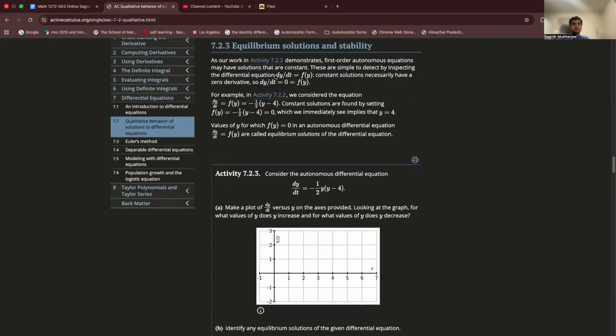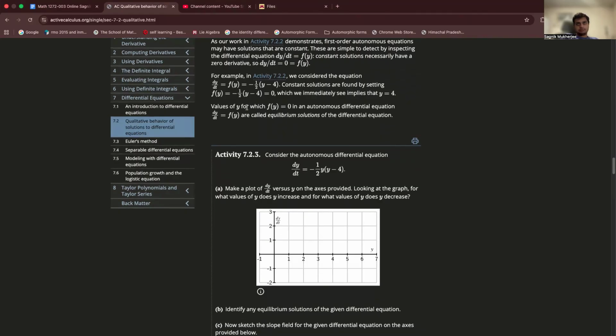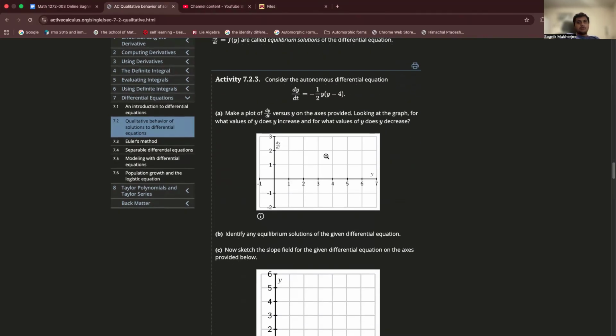So suppose your differential equation is dy/dt equals some function of y. Then a constant function that is a solution to this equation is called an equilibrium solution. Okay. For example, look at this one. dy/dt is equal to, actually let me share my screen in the iPad.